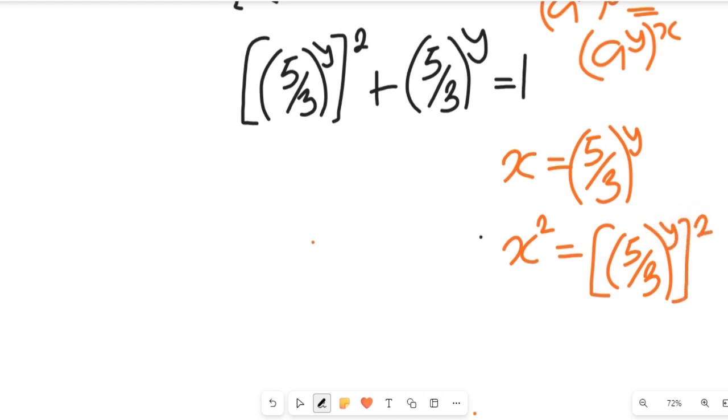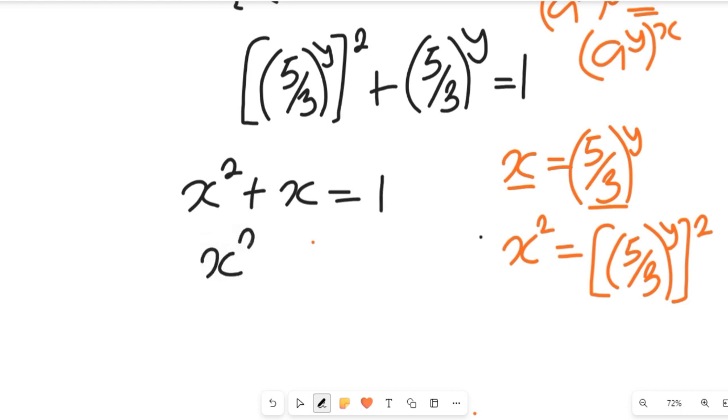We'll apply that to that expression, and this will become x squared plus x equal to 1. So if we subtract 1 from both sides, we'll have x squared plus x minus 1 equal to 0.